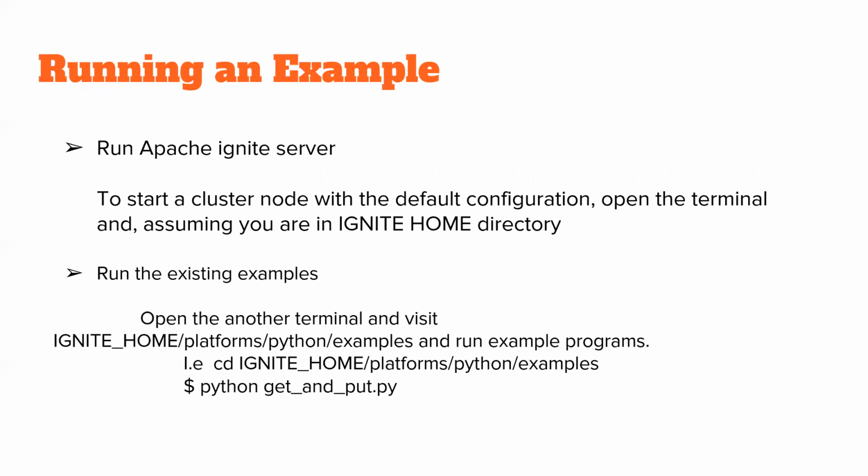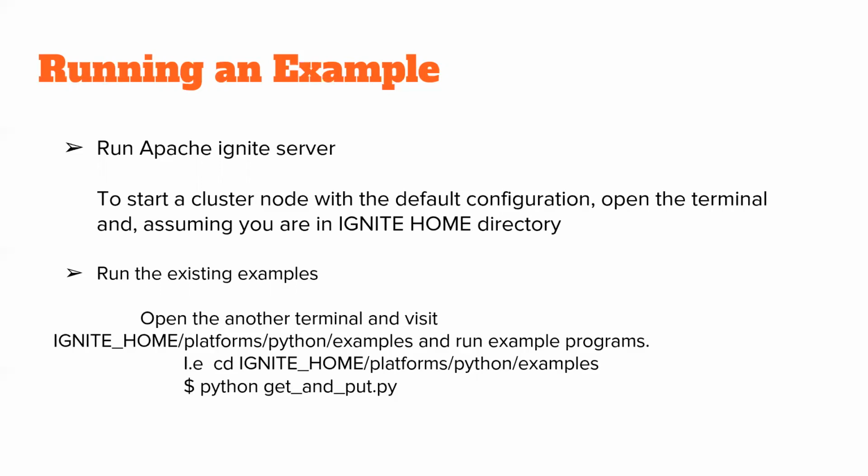After installing PyIgnite, let's run an example using existing Python examples that are shipped with every Ignite distribution for the sake of quick getting started, which are available on the official site of Apache Ignite. Run the Apache Ignite server to start a cluster node with the default configuration.